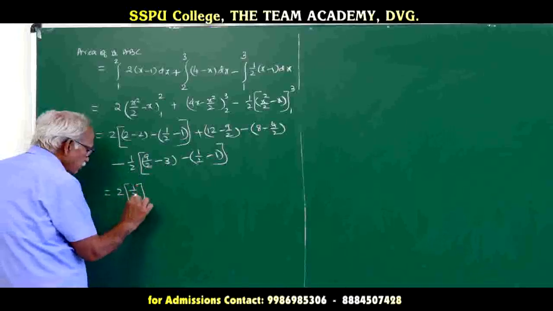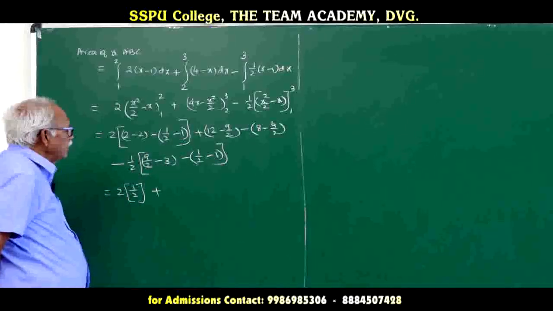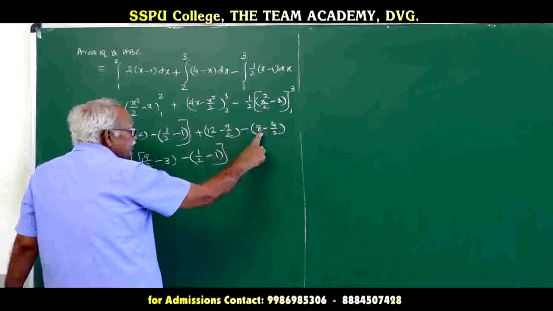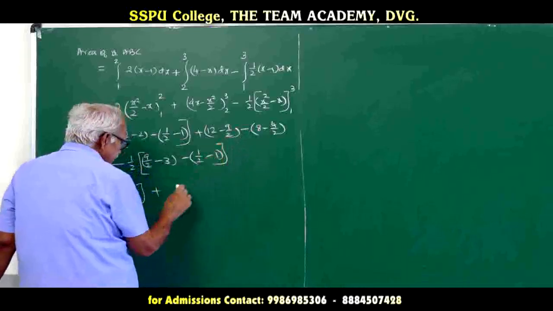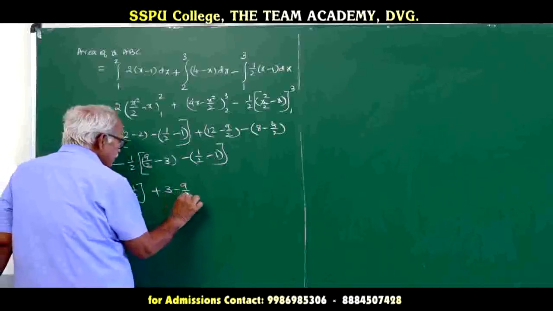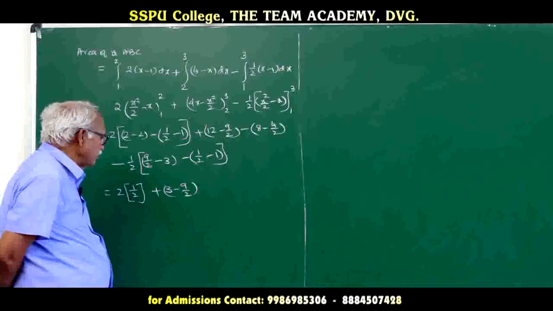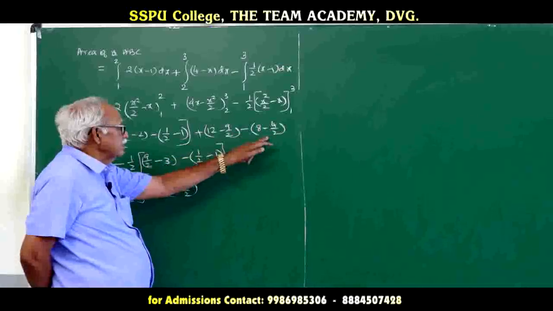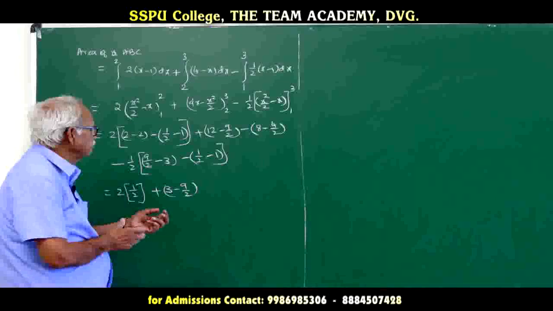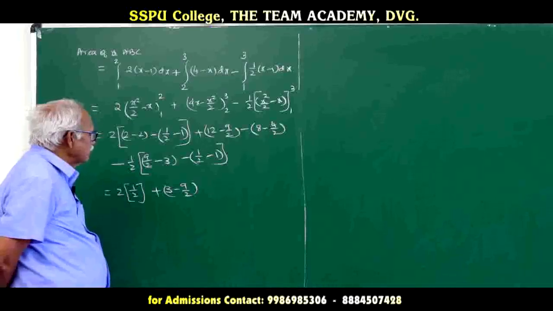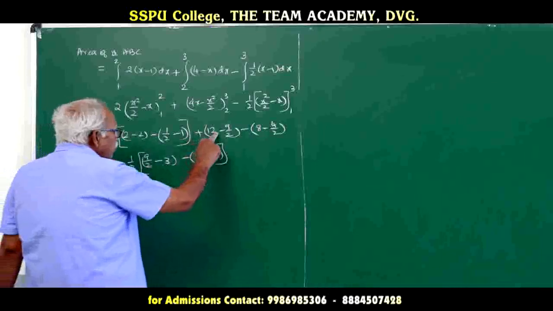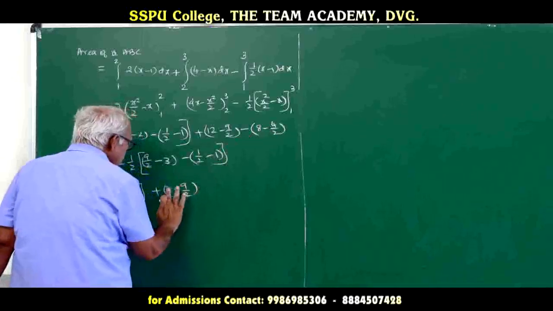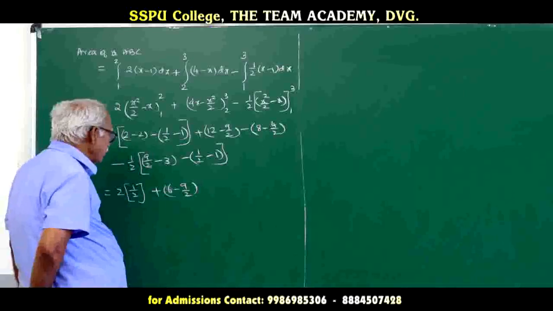So, you will get plus 1 by 2 plus, here 12 minus 8 plus minus 8 minus 2 is 6. So, 12 minus 6 is 6, 6 minus 9 by 2.